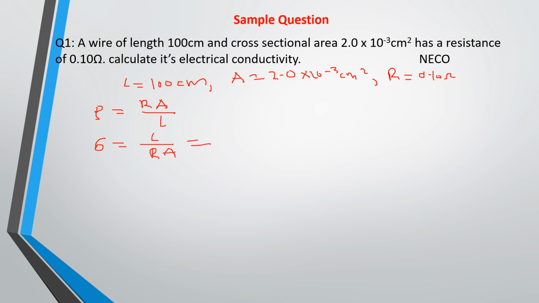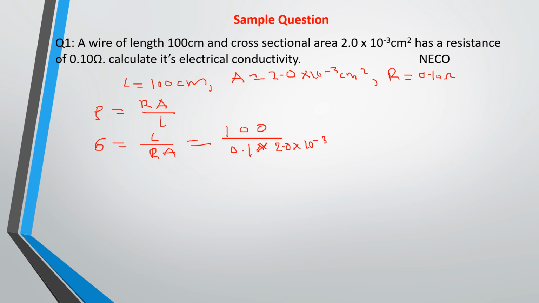So what you do is just substitute into this formula. Since conductivity is the reciprocal of resistivity, you have 100 over 0.1 multiplied by 2.0 times 10 raised to power minus 3.